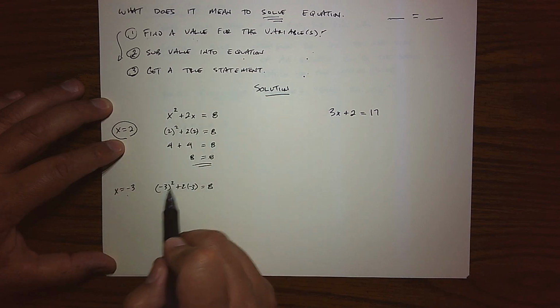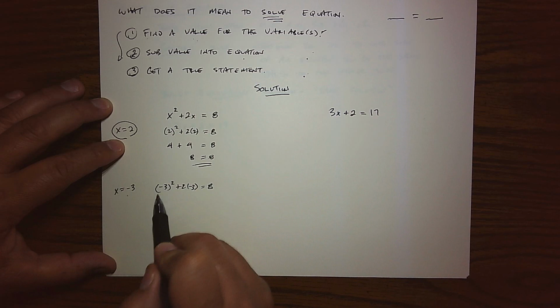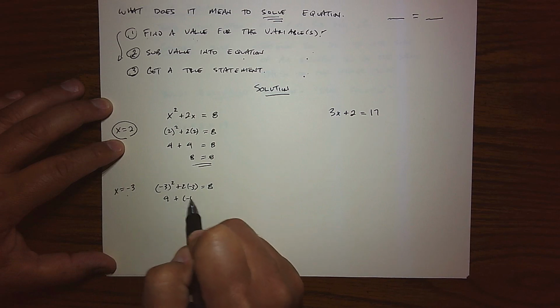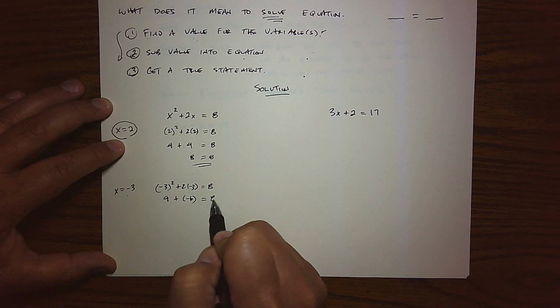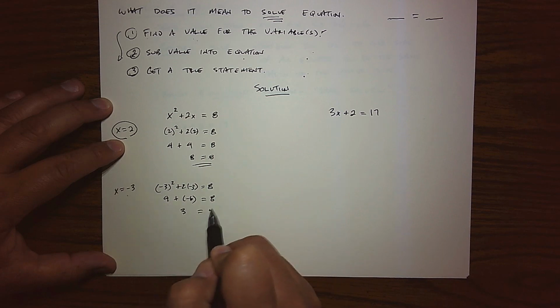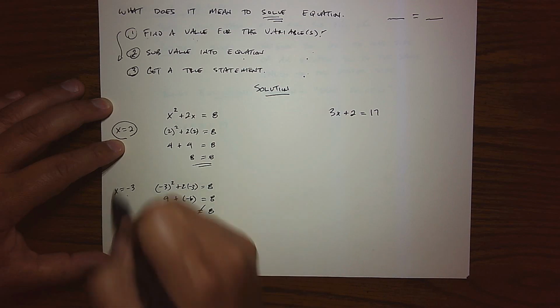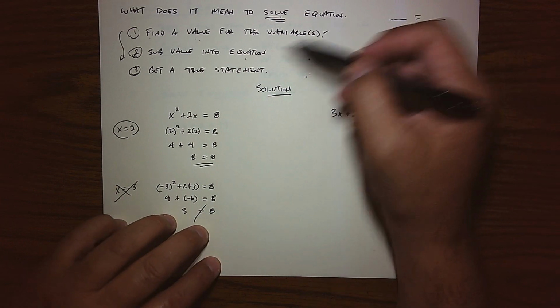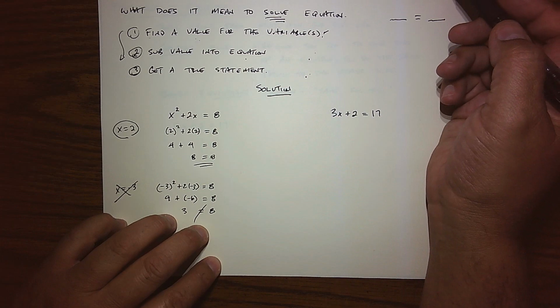Doing the order of operations, -3 squared would result in a 9. 2 times -3 results in a -6. And when we add these, there's more positive stuff, there's 3 more positive things, and that's not a true statement. So that basically means that -3 is not a solution. So again, find a value, plug it in, see if you get a true statement.